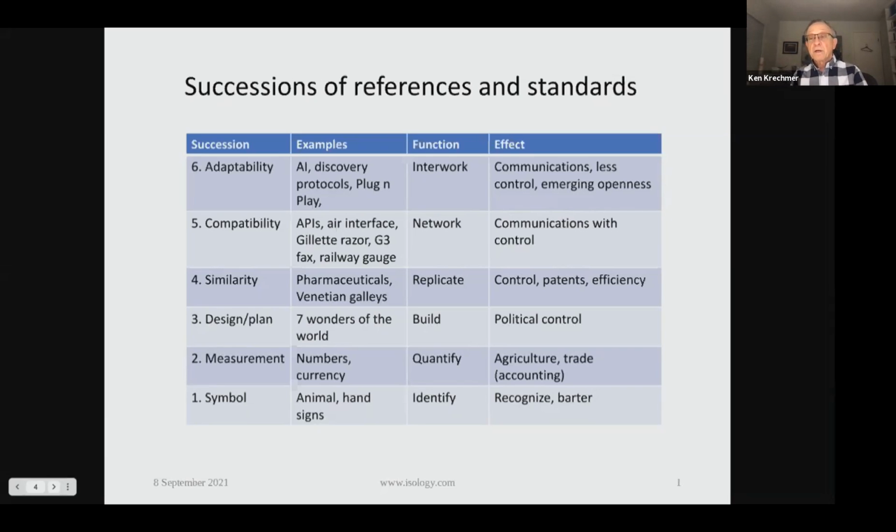That is the nature of compatibility. Compatibility, when controlled, creates enormously successful markets, as Mr. Gillette demonstrated totally mechanically. Railway gauges did the same.